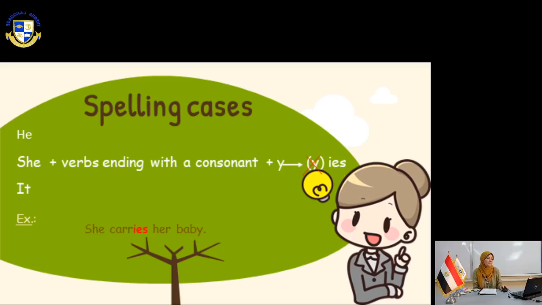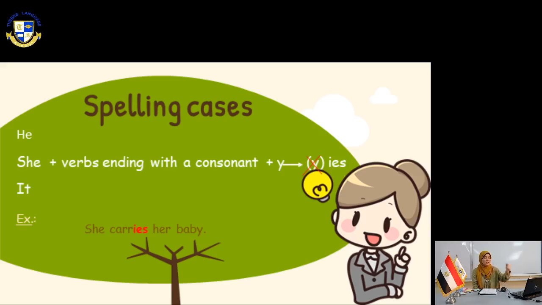Here, he or she or it plus a verb ending with a consonant, and we said that a consonant is any letter in the English alphabet which is not a vowel. Any letter, not a vowel, it's a consonant. When the verb ends with a consonant and then Y, it's not strong enough.